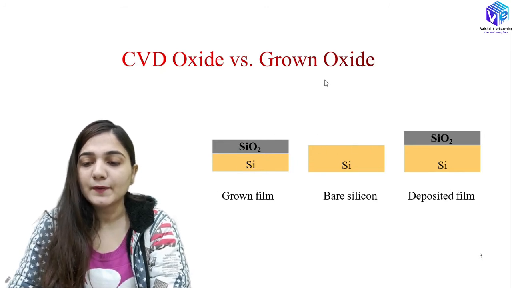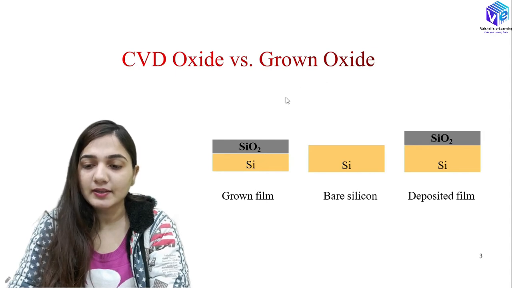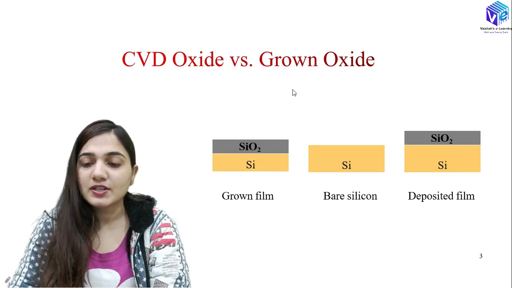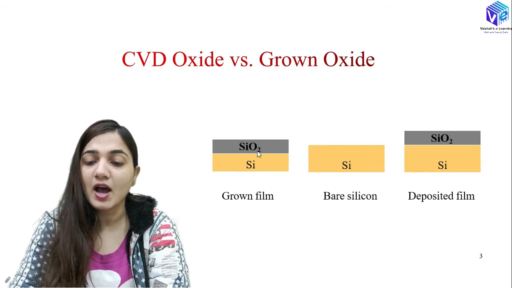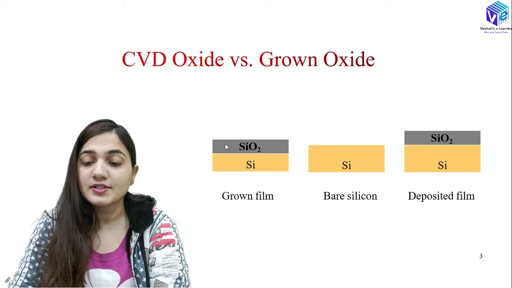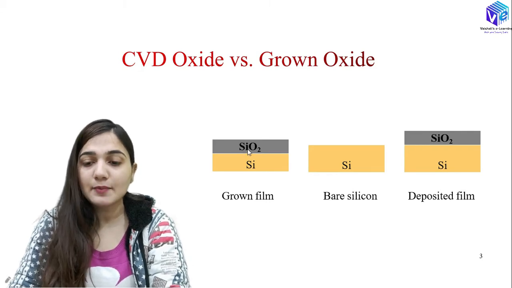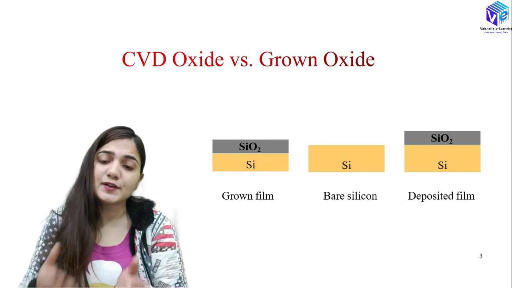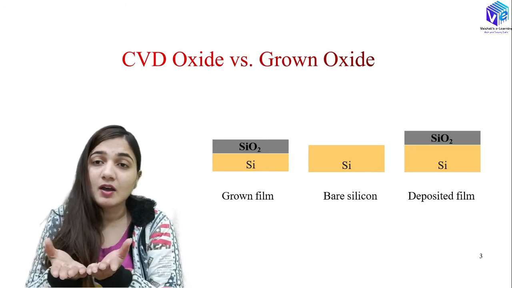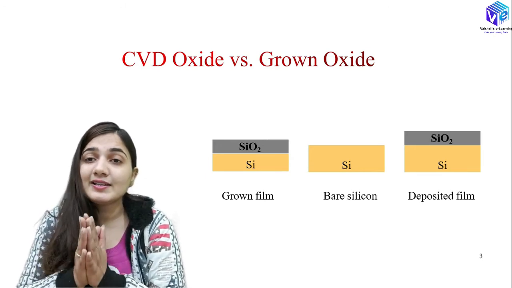The oxygen is coming in the vapor or gaseous phase to the silicon surface. It has a high affinity towards silicon and can react easily with the silicon to form silicon dioxide. But in this process, silicon is getting consumed from the chip itself. We are using the silicon of the chip.